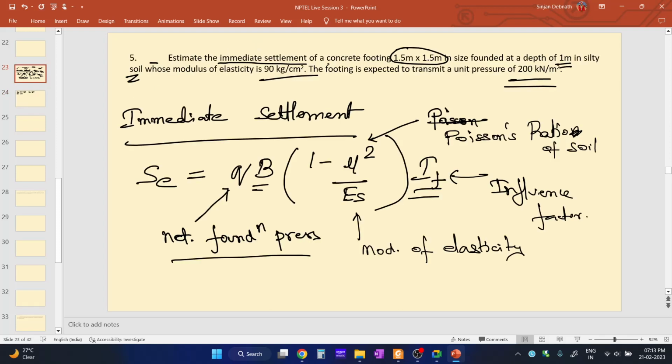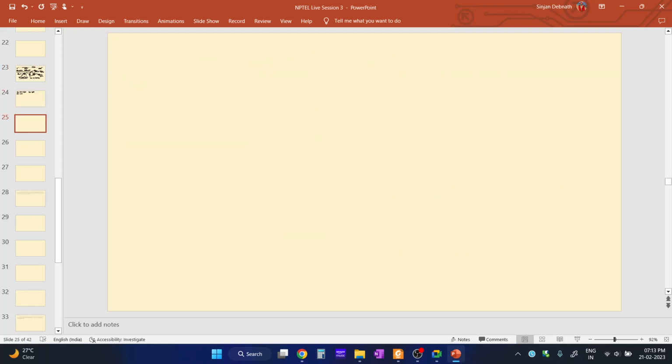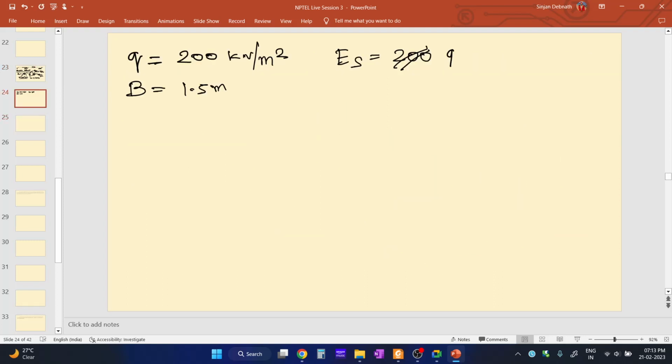ES is 90 kg per centimeter square. And if we convert this to kilonewton per meter square, it will be 9000 kilonewton per meter square. Fine.